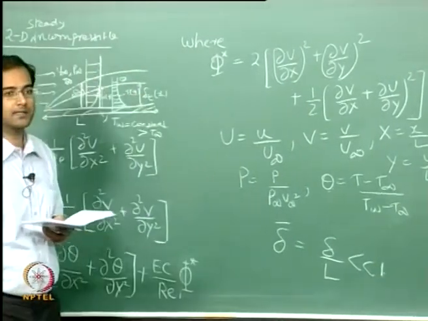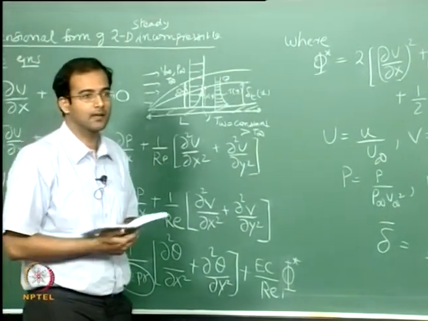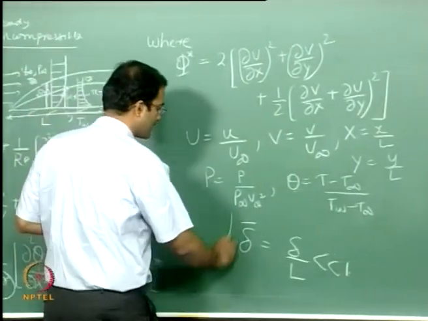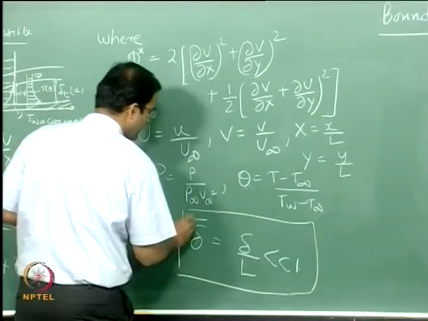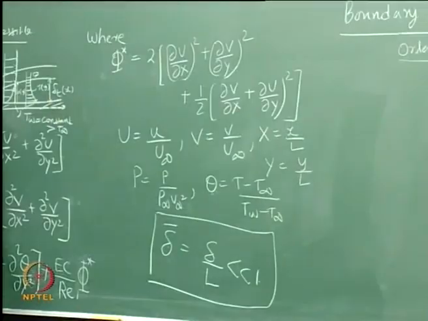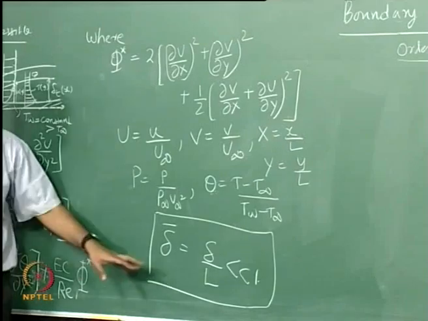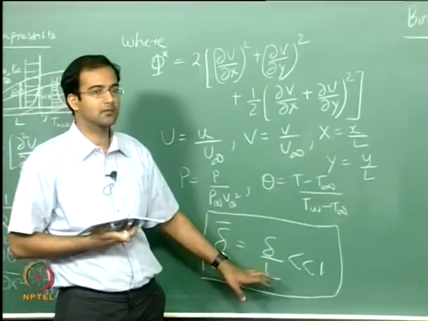This is where the scaling starts. The very first approximation that you introduce in the scaling is when you scale your boundary layer to the length of the plate. Obviously this is a very small quantity.